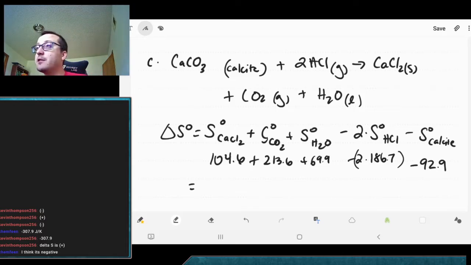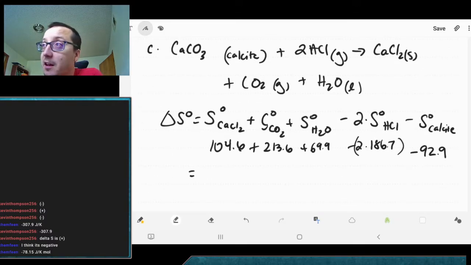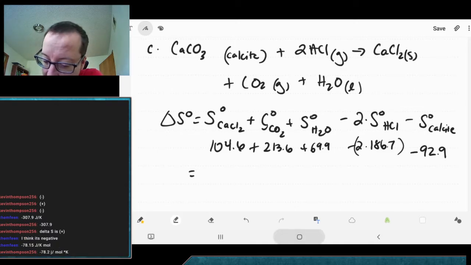So, doing all this fun stuff, what are we going to end up with? Eyeballing it looks like it's going to be pretty close to neutral, but let's see. So we get negative, okay. So it is slightly entropically unfavorable, it looks like, at the end of the day.